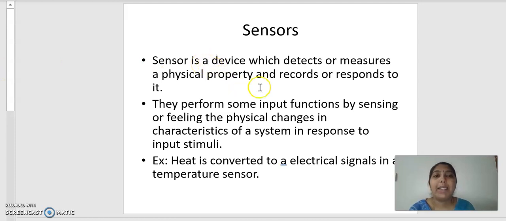Sensor is nothing but a device which detects or measures the physical property and it also records a response to that physical property and they perform some input function by sensing or feeling the physical changes in the characteristic of a system with respect to the different input conditions. For example, the temperature sensor converts the heat into electrical signals.